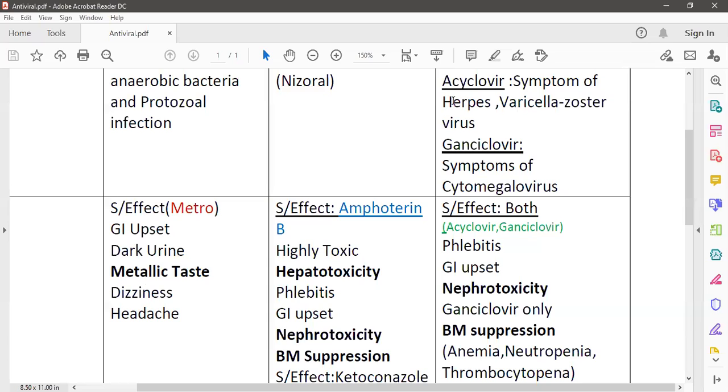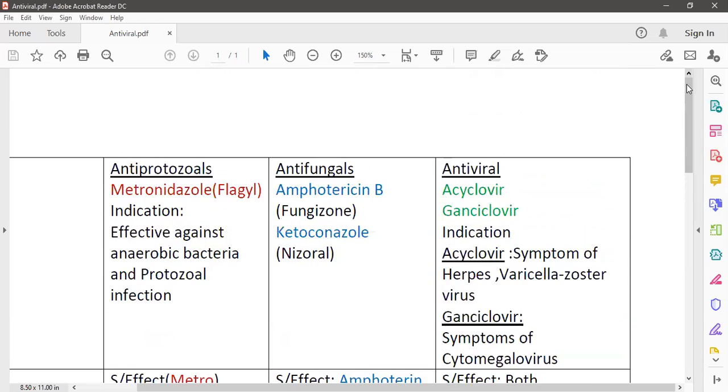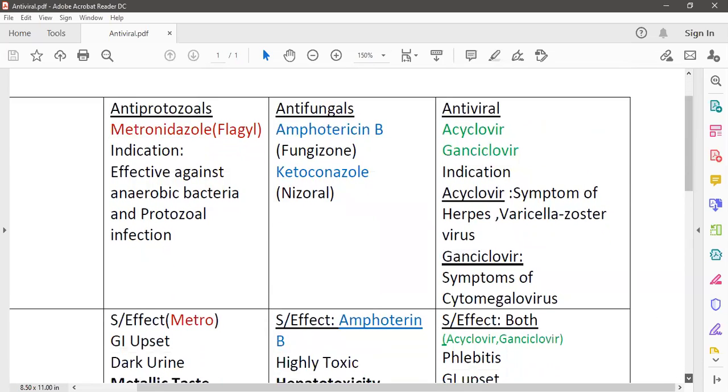So now let's focus on the second group of drugs. It is called antifungal, right? Antifungal medication we most commonly use just for fungal infection.